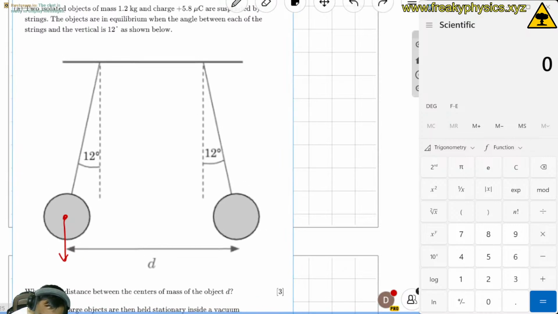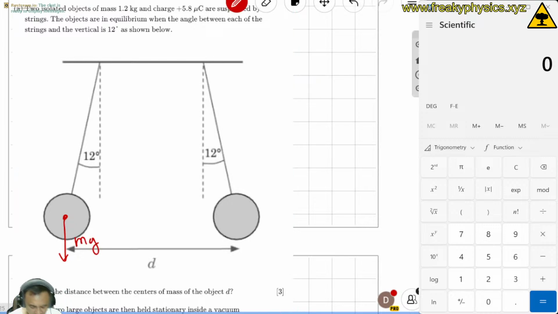Of course, there is a tension going up like this. And finally, we have a repelling force between the two charges. Let's label that FE for electrical force.